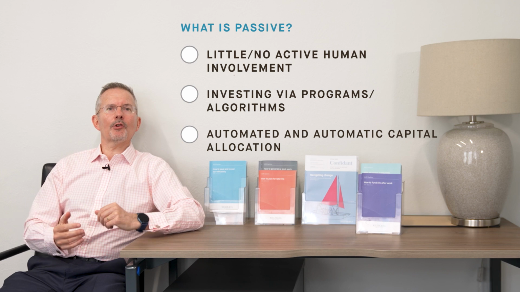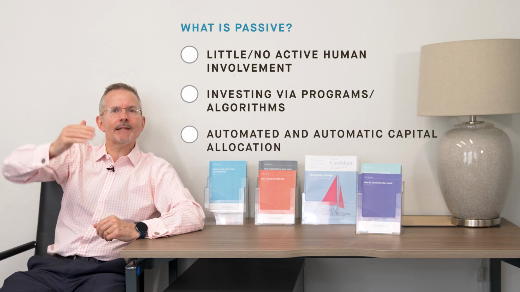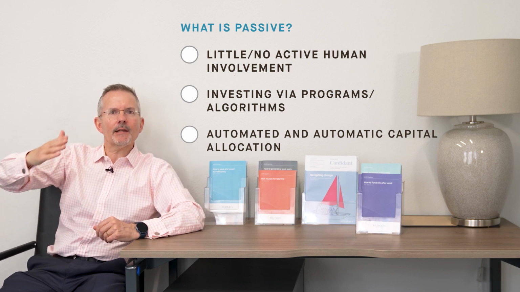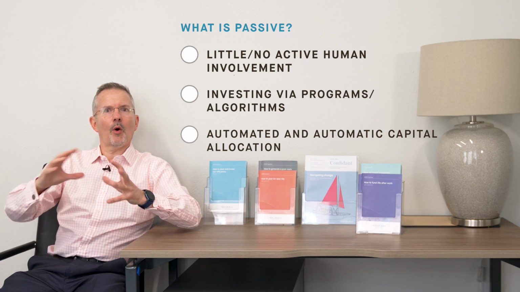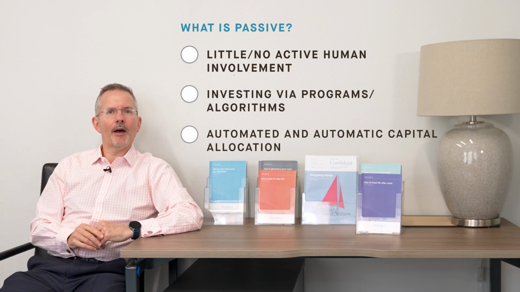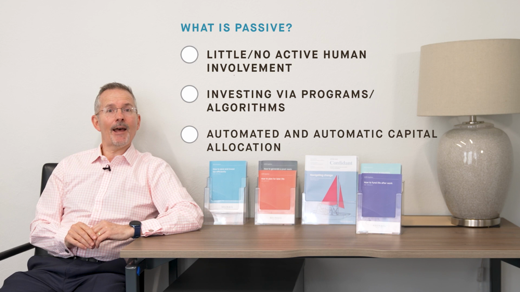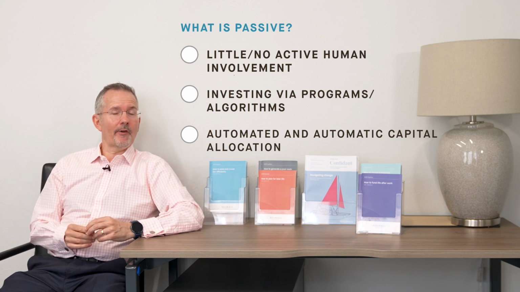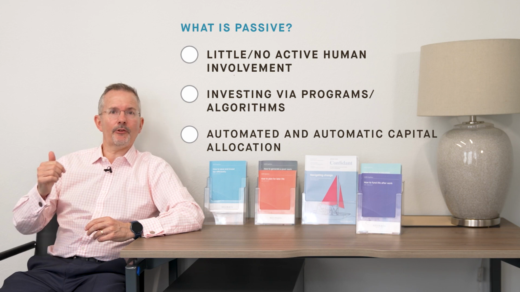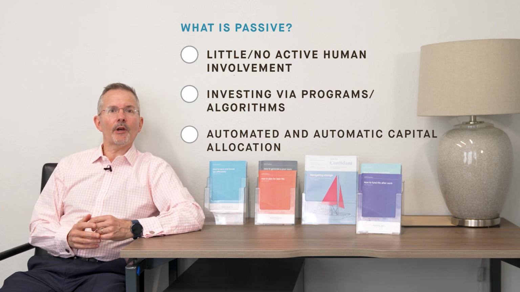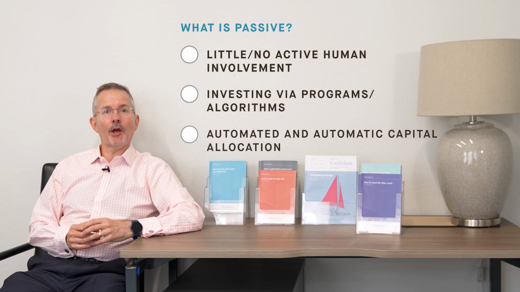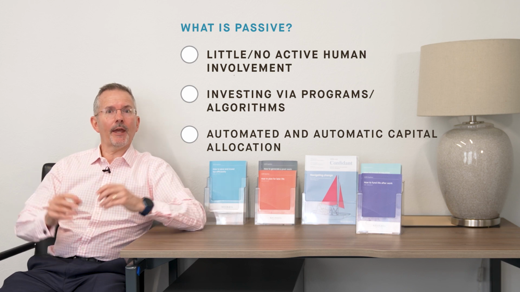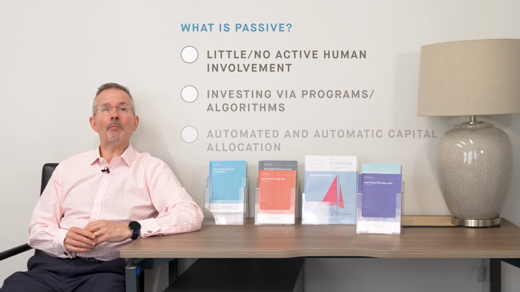So for example, if you are tracking the S&P 500 index, the fund that tracks it will rebalance according to what's in favor and out of favor on the underlying index itself. Now, that sounds attractive in one sense. It's cheap, it's simple, but as we'll come back to in a moment, you don't necessarily want everything that you invest to be held passively.